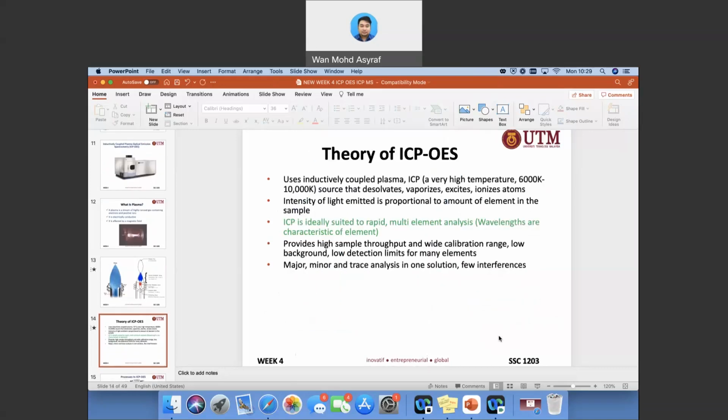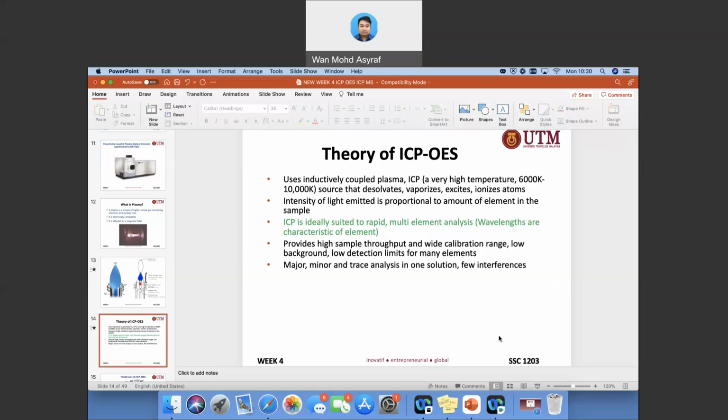All right. So the theory of ICP-OES. It uses inductively coupled plasma, as I mentioned before, at a very high temperature, around 6,000 Kelvin to 10,000 Kelvin, which the plasma would be able to dissolve, vaporize, excite, and ionize atoms.